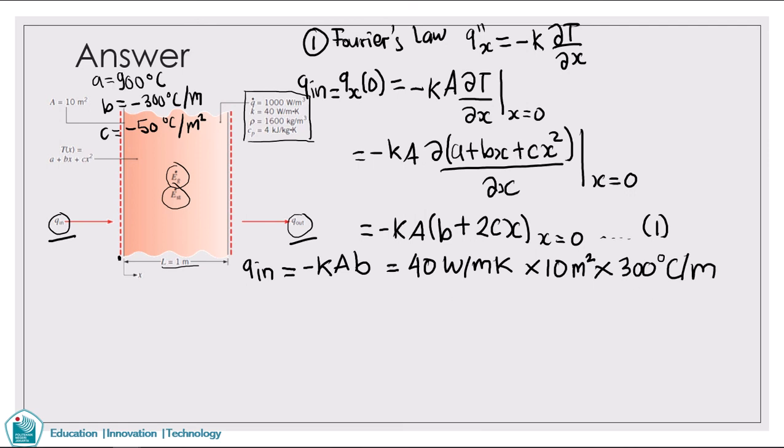If you calculate what we'll get, this will be equal to 40 becomes 400 times 300, which is 120,000 watt, or equal to 120 kilowatt.